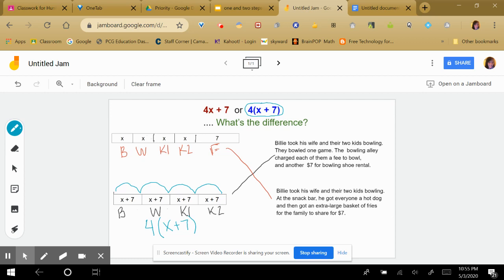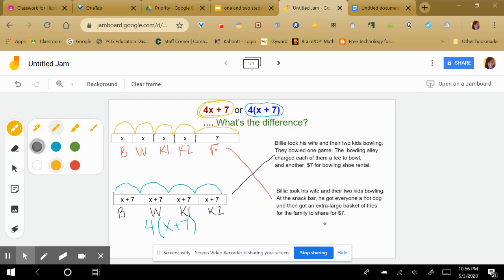Okay. And here, if we look at this one, it says x is happening 4 times, and then we're just adding 7. So let's see if this one works. X is happening 4 times, and then we're just adding 7. So that really does make quite a difference, doesn't it?